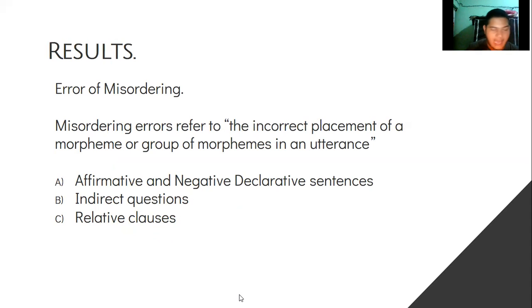So in this case, we have affirmative and negative declarative sentences, indirect questions, and relative clauses. In the first one, they could say it in a wrong way: "always appears the same contents."